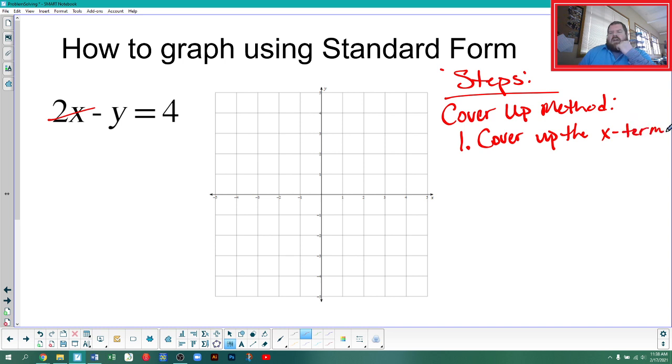And by term I mean the sign in front of it, the number in front of the variable, and the variable, so the three things. Typically, instead of crossing it out, I will cover it up with my hand if I can. If it's small enough, I'll put my little pen cursor over it, but sometimes I'll go fancy and use something to actually cover it up.